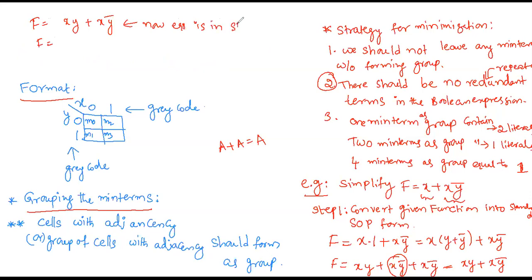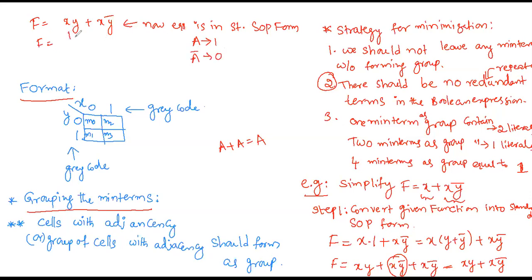If the equation is in standard SOP form, to write it mathematically, the variable itself is indicated with 1, the complement is indicated with 0.